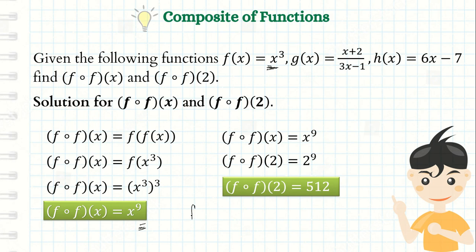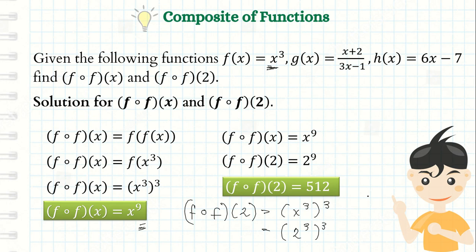So let's say we have f of f of 2. It becomes x cubed, raised to 3. From here, we substitute the value of x, so we have 2 raised to 3, with the exponent 3 outside.